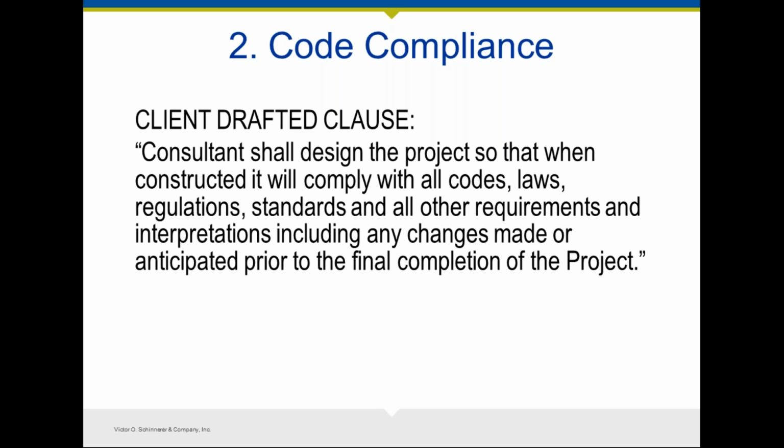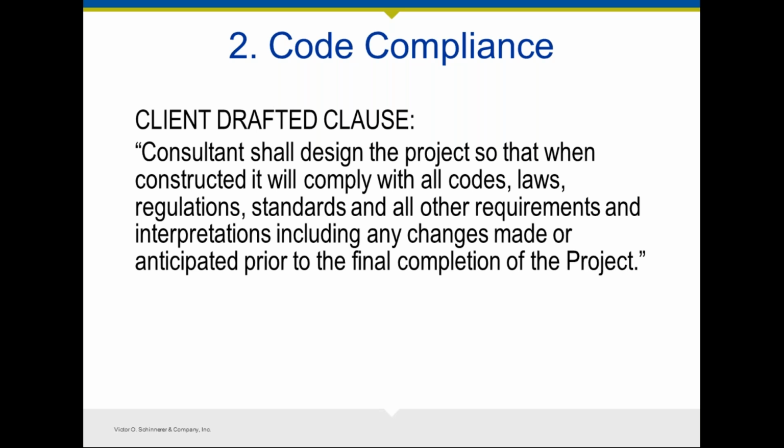This is impossible for you to guarantee under a normal scope of services agreement, because code compliance is dependent on what? The contractor's adherence to your plans, number one. Number two, it also depends on how the owner is operating the facility and whether it is indeed being done in a manner that meets the expectations that they set out at the beginning of the project.